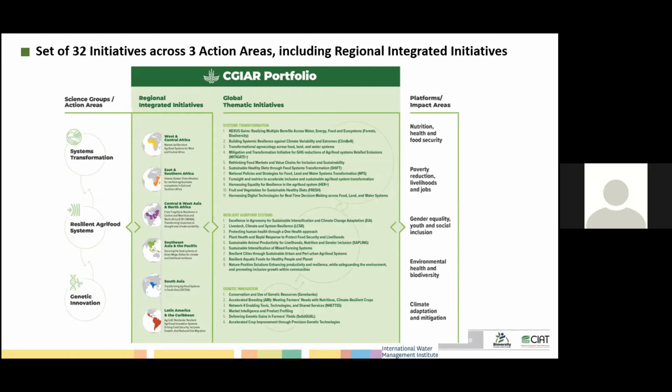And then each of the science groups or action areas is divided into global thematic initiatives. So there are 11 in system transformation. I'm not going to go through all of them because I was given 15 minutes.